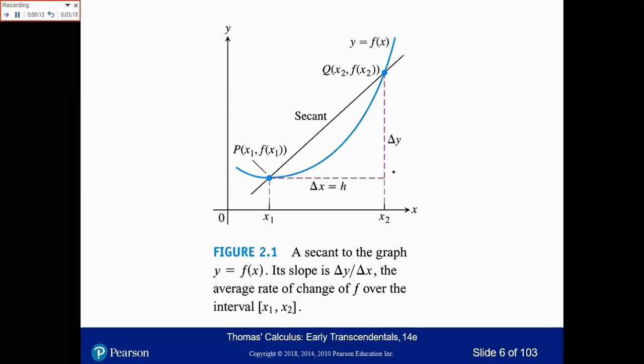Everybody see that? So instead of delta y, we just say f of x2 minus f of x1.